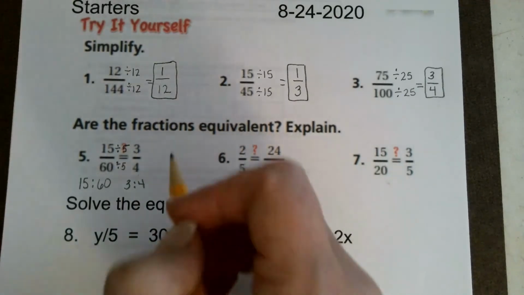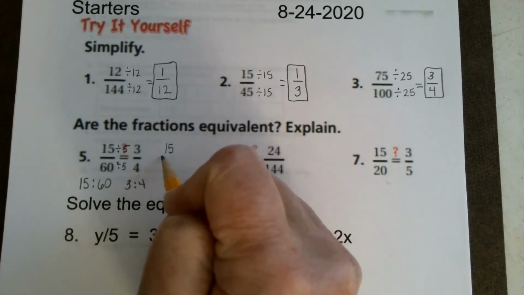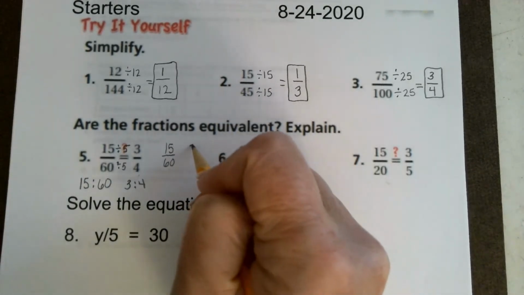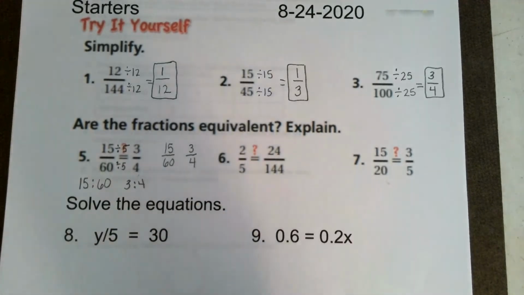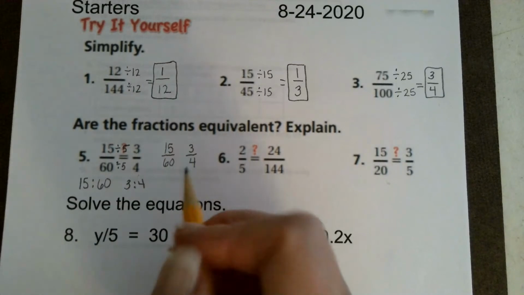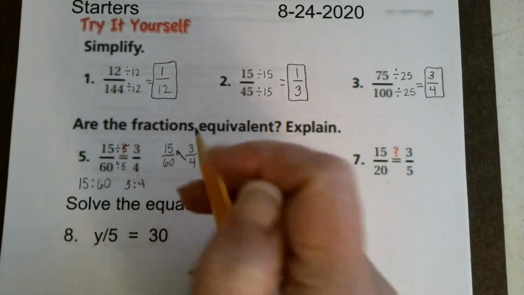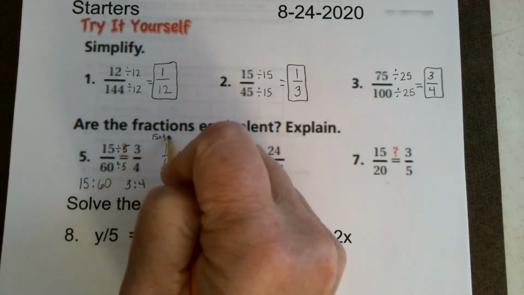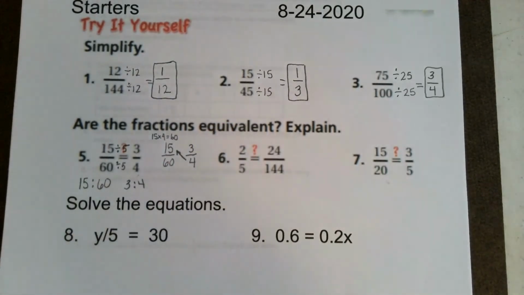So I also wanted to show you another way that you can do that. Once you have them written, you can cross multiply. And you can multiply 15 times 4, and that equals 60.